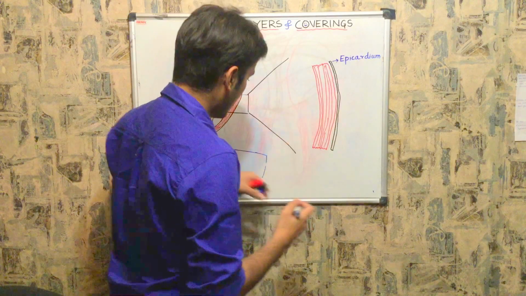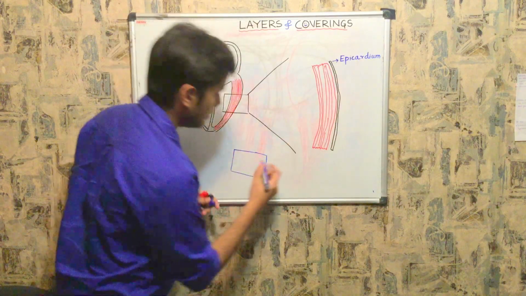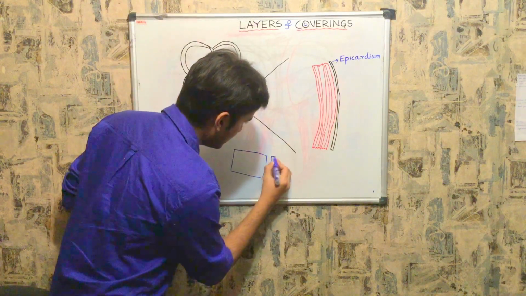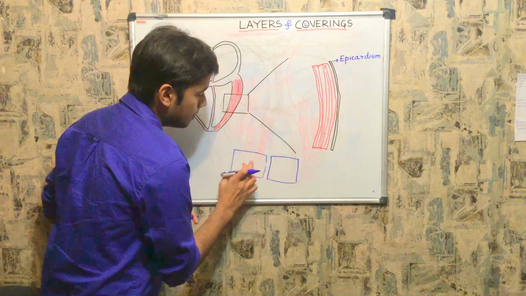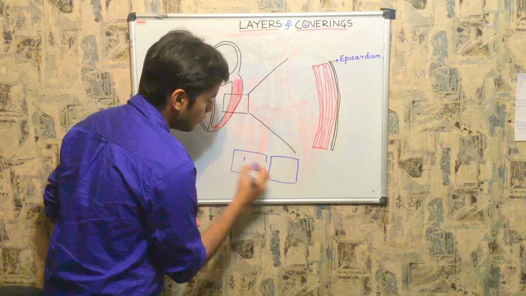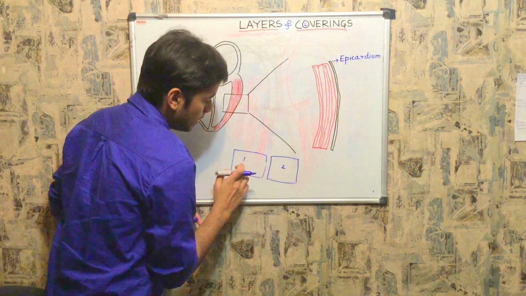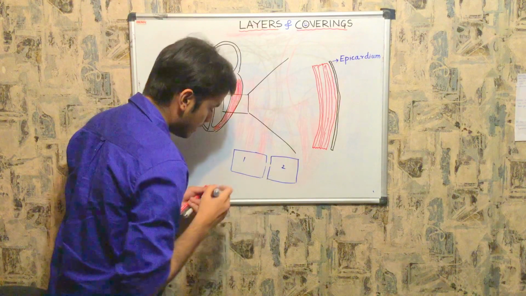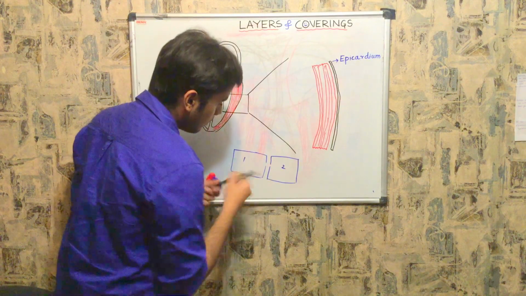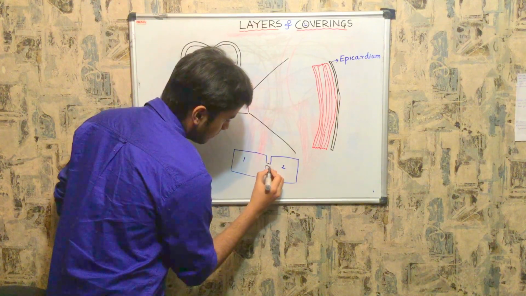So if you take out one cardiomyocyte, this is one cardiomyocyte and this is your adjacent cardiomyocyte. The specialty in this is, suppose you name it as 1, this is 2. Cardiomyocyte number 1 and number 2, both of them are connected to each other by some gap junctions.